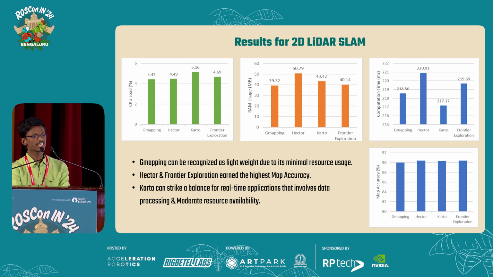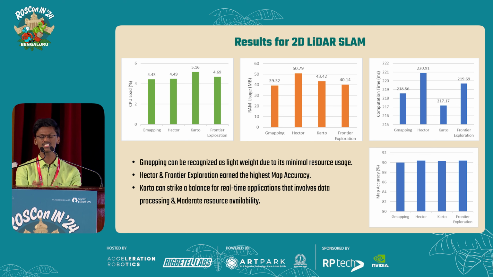And these are the results of those SLAM algorithms. When it comes to G mapping, it is lightweight and is used where resource availability is very low. If we have very limited resource constraints, then we can go with G mapping. Whereas Hector and Frontier exploration give the best mapping accuracy.